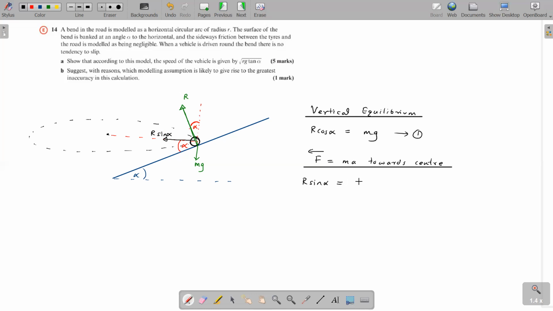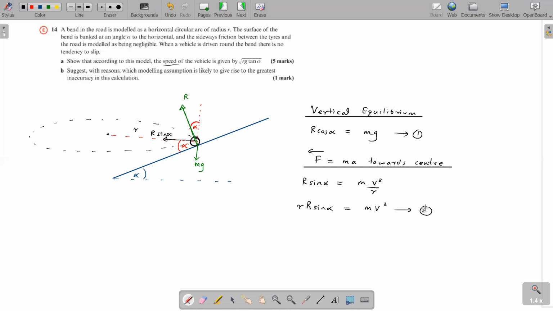It is equal to m, and since we're supposed to find the speed of the vehicle, we'll use mv square over r. The radius of this circular path is r, that was given to us. So simply r times capital R sine alpha, where capital R is the normal reaction, equals mv square. This is equation number 2.